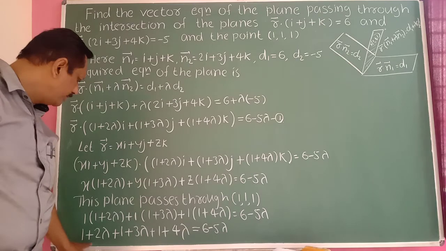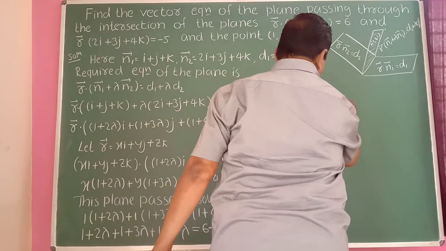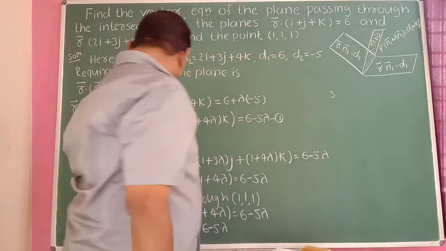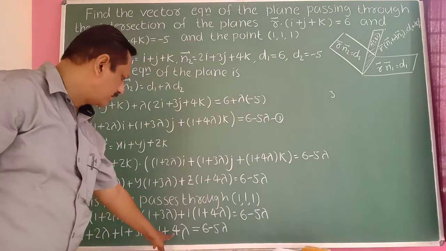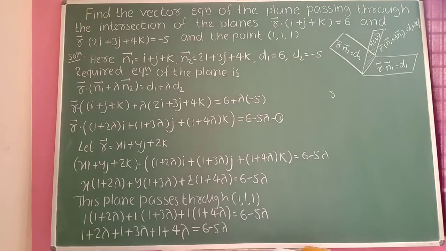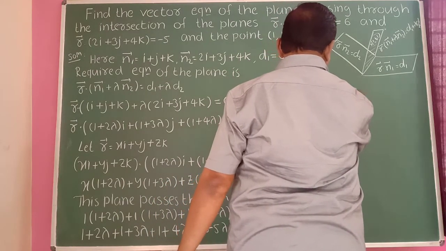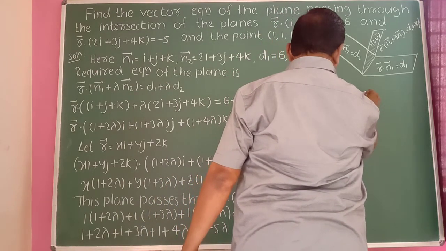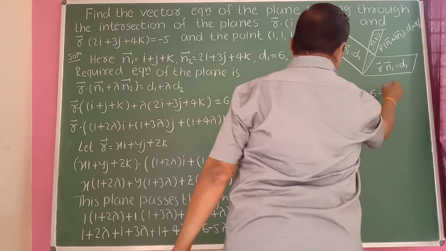So 1 plus 1 plus 1 becomes 3. 2 lambda plus 3 lambda plus 4 lambda is 9 lambda. So 3 plus 9 lambda is equal to 6 minus 5 lambda.